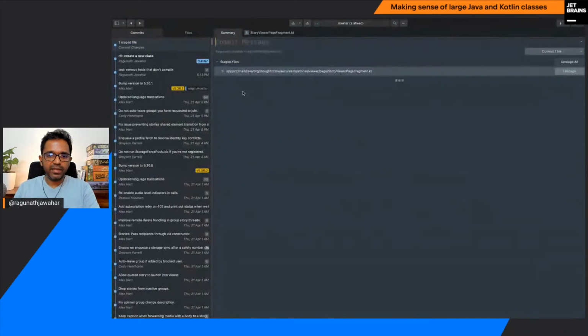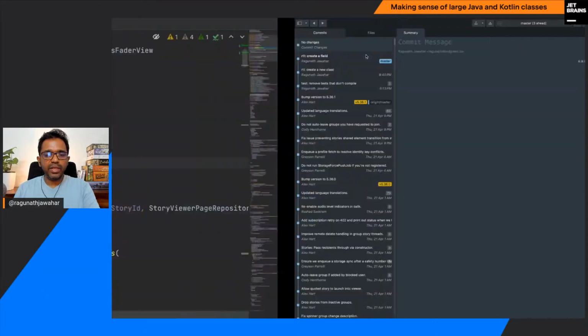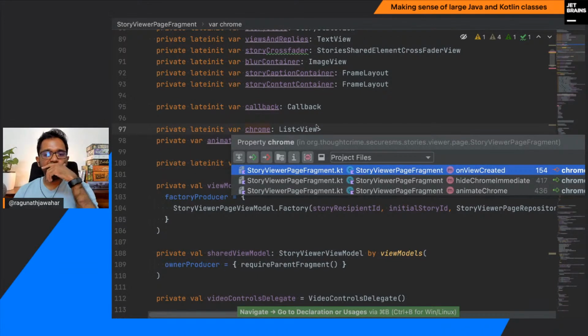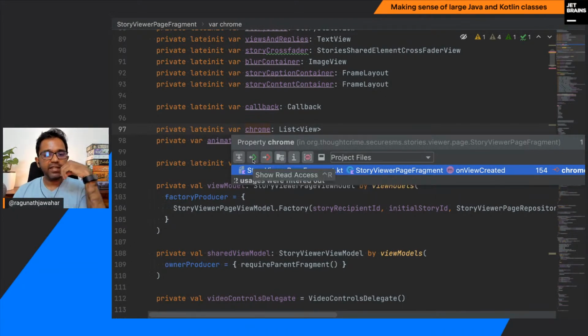Again, go to the thing and then say create a field. This way, you can separate refactorings that are high risk from the ones that are low risk, right? The other thing you need to do now is figure out the read and write relationships for this class, right? The first thing is that we're not interested in the read relationships. We are only interested in the write relationships.